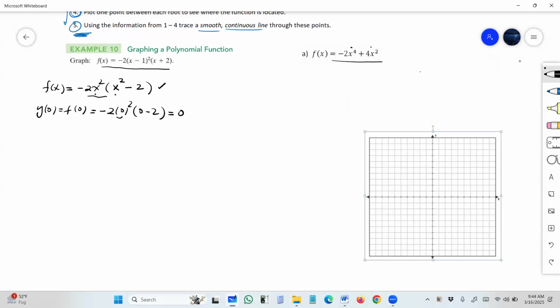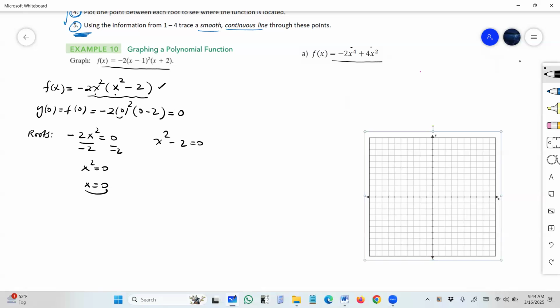Now, because this is already, again, fully factored, I could do the roots first if I wanted to, and their multiplicities. So set each factor to 0. Solve them for x. Okay. So obviously, in this case, divide everything by -2 and take the square root of both sides, and we get this.